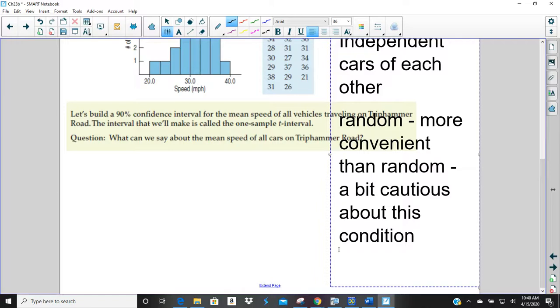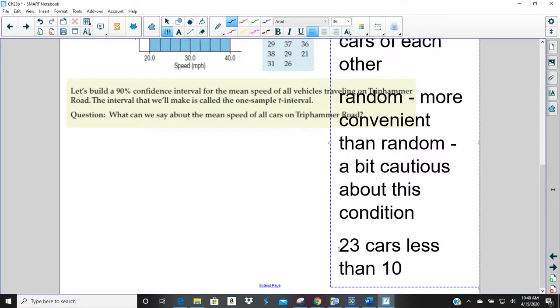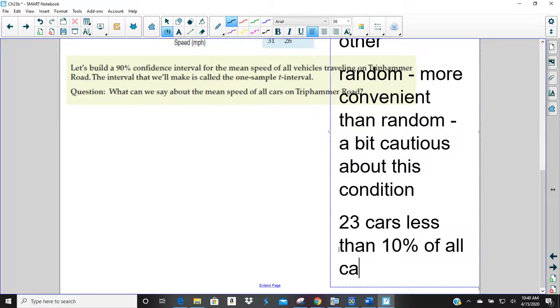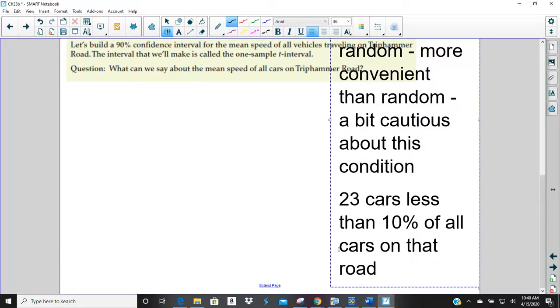Is 23 cars less than 10% of the population? Absolutely. 23 cars is less than 10% of all cars, most likely on that road. If they're complaining about speed, it probably is.